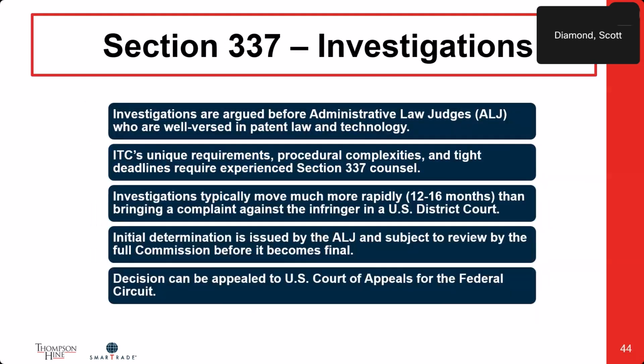The ALJ in these investigations is typically an expert with experience in IP matters, and it's that individual that presides over the investigation, settles any disputes, conducts the hearings, and issues the initial determination that will go to the full commission for its consideration. The ALJ has to set a date for the final determination.